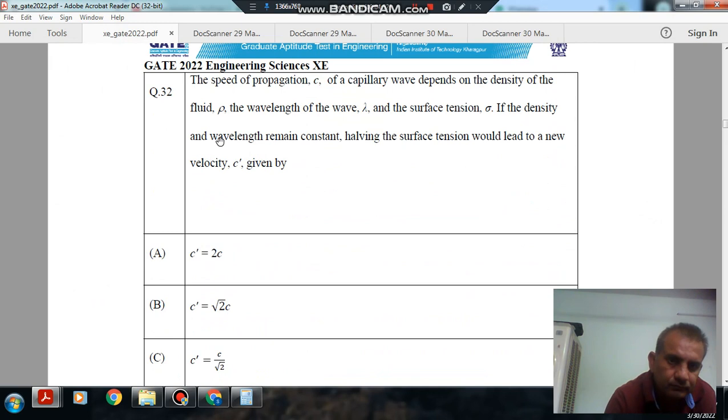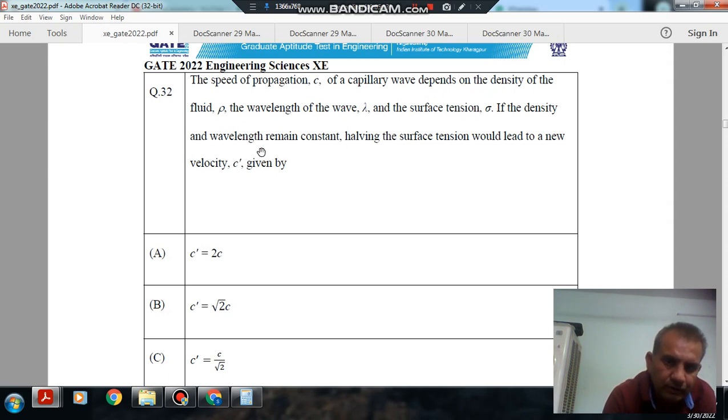Next, the speed of propagation c of a capillary wave depends on the density of fluid rho, wavelength of wave lambda, and the surface tension mu.